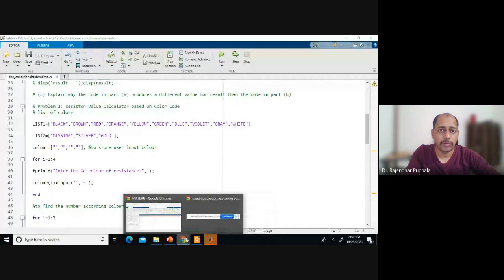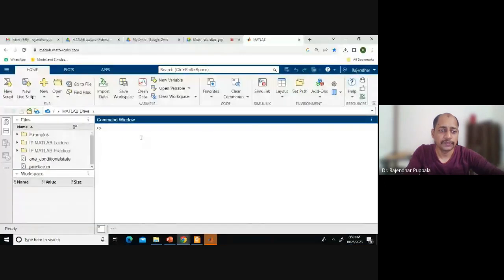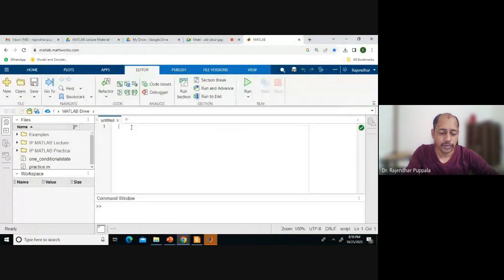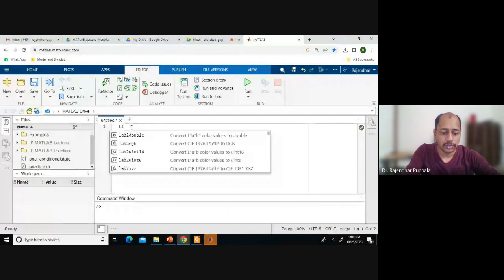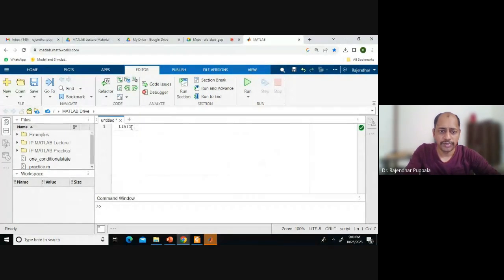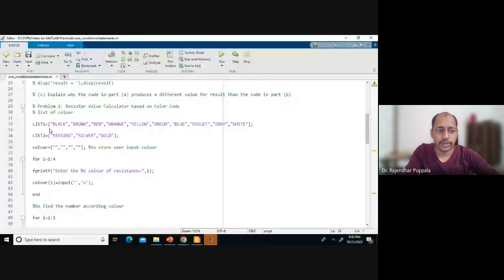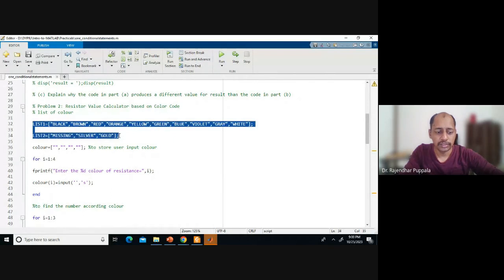in MATLAB online. I'm opening this new script. If it is not that important, I will just copy it and paste it here. Wherever some explanation is required, there I will stop and explain to you, right? So these are the two sets of colors.